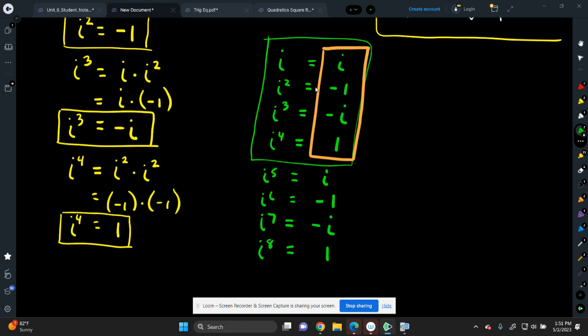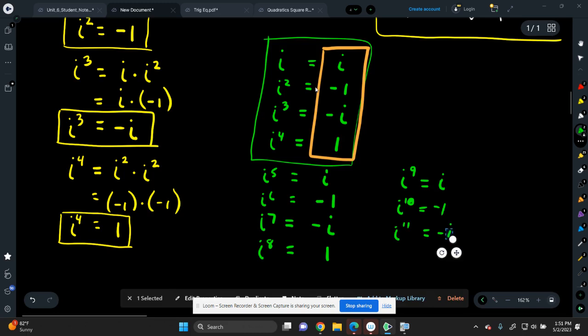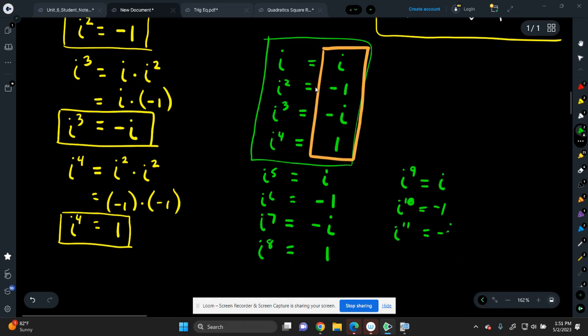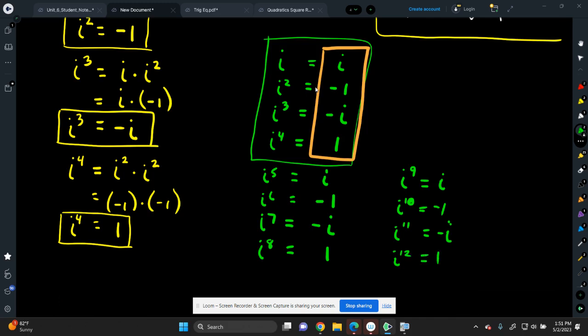See, i, negative 1, negative i, 1. i, negative 1, negative i, 1. What do you think i to the ninth will be? i to the 10th. i to the 11th. i to the 12th. Okay. It's going to keep repeating itself every 4 numbers.